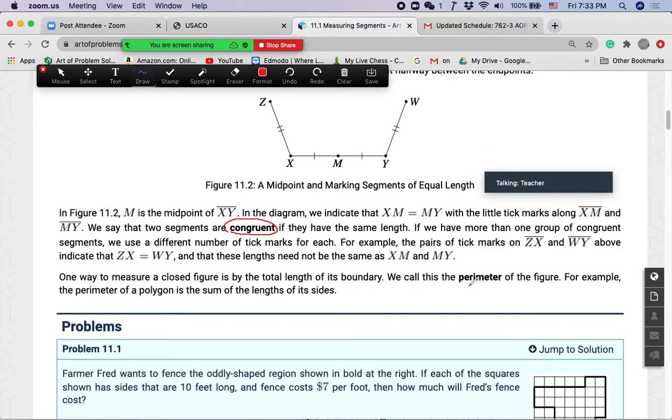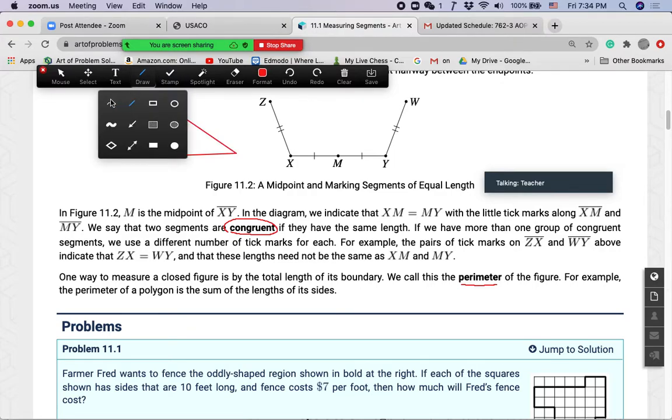Then we'll learn the concept called perimeter. Perimeter means you have a closed shape. Closed means, suppose you have a triangle with three vertices, A, B, C. If you start from any vertex of this triangle and walk around, then you can return to that starting point.